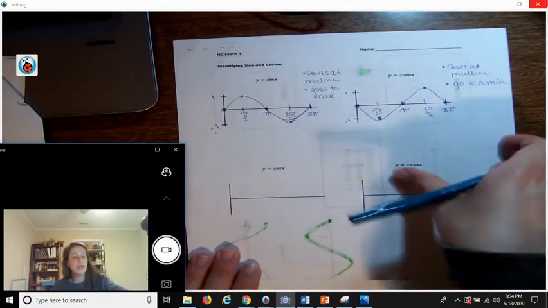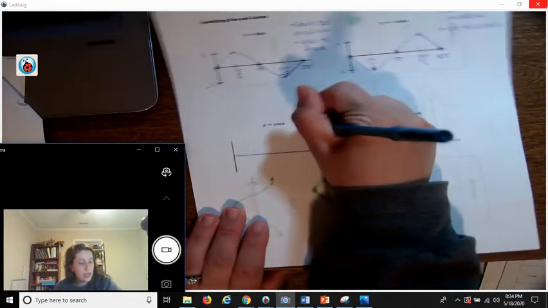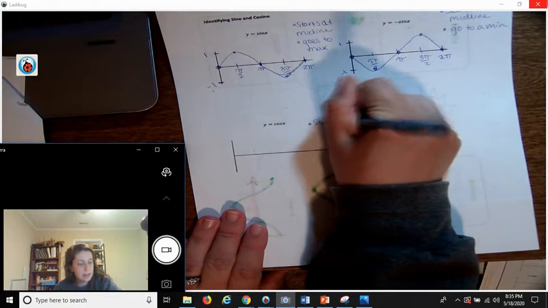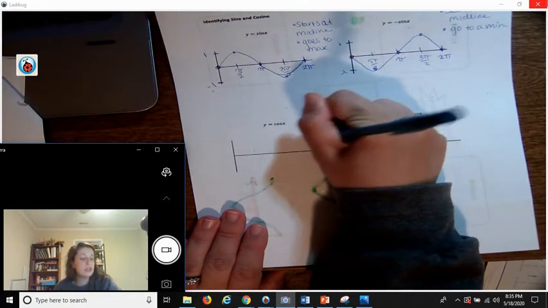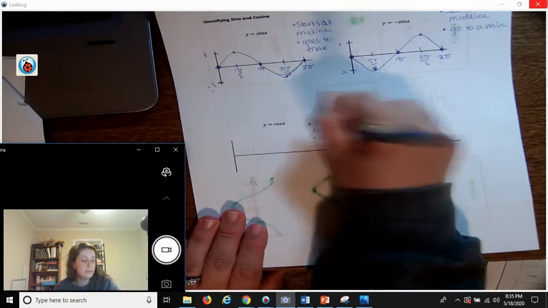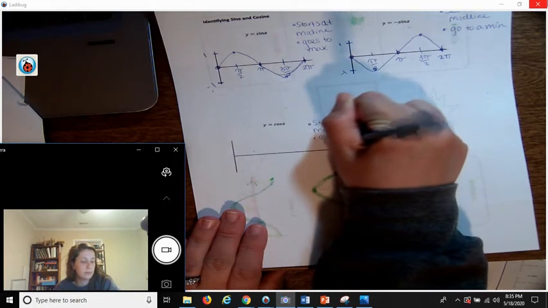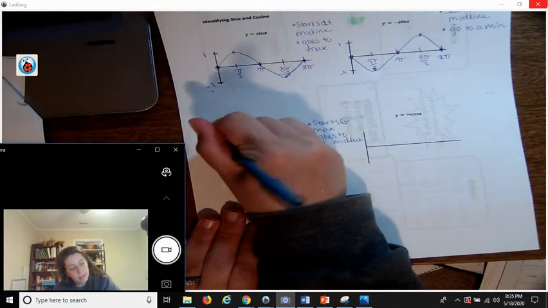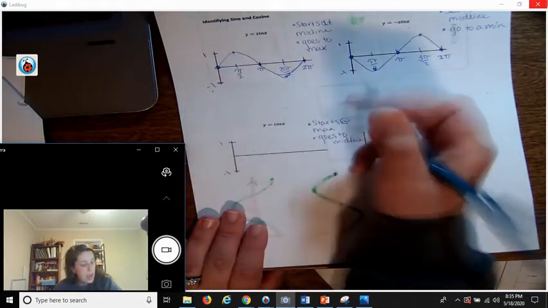Now we have cosine. Cosine starts at a max and then goes to the midline. Okay, it has the same range. Sine and cosine both have the same range and the same period.